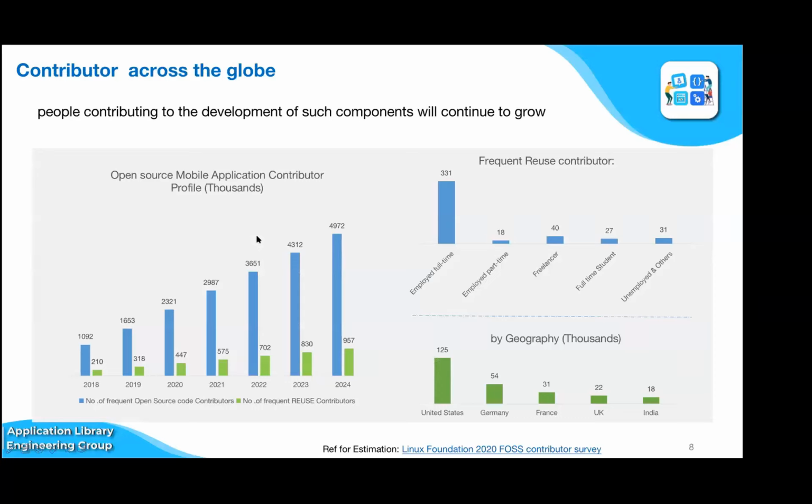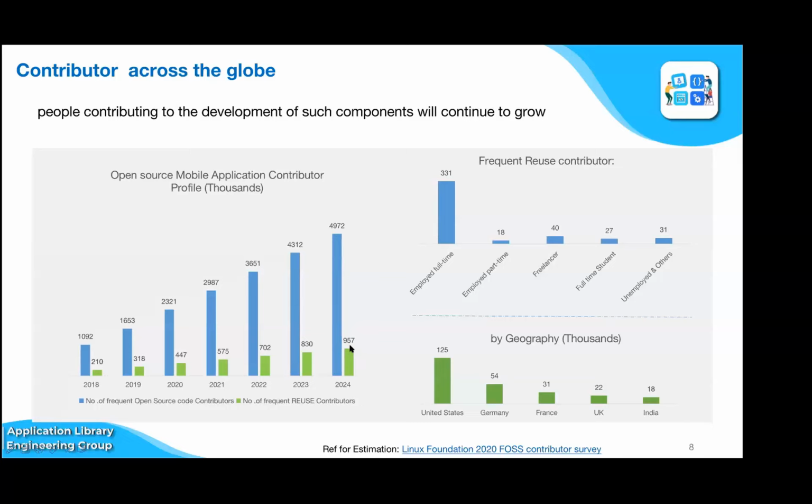Just to give you a little more perspective, when you look at the number of open source contributors in the globe, you have more than 5 million developers contributing to open source application development, basically mobile application development. Out of 5 million mobile application developers, approximately a million developers are spending their quality time on creating reusable components.